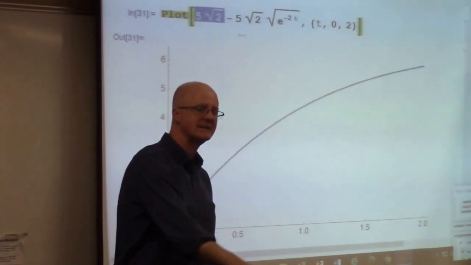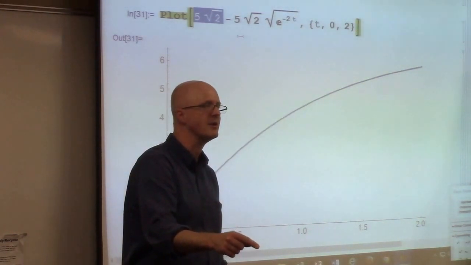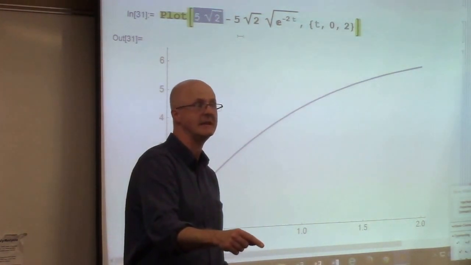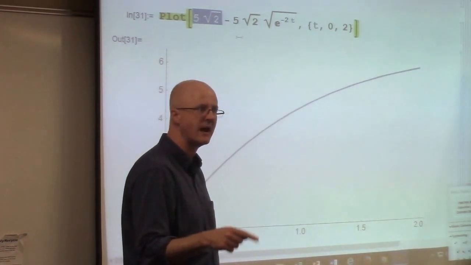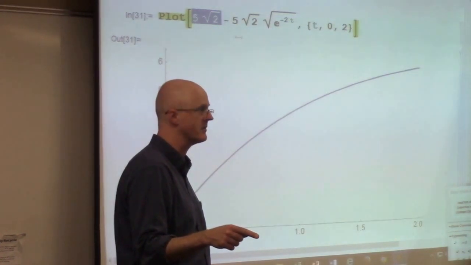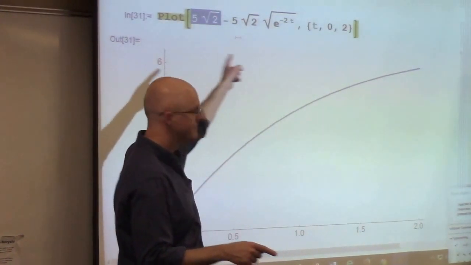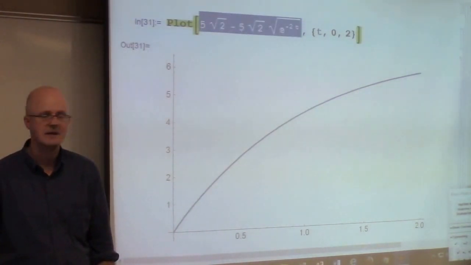The entire distance traveled as you spiral in toward the origin, forever and ever, as t goes to infinity, the entire length of that curve is 5 root 2. It's finite, because that improper integral is going to converge. Because this distance traveled function is going to have a horizontal asymptote equal to 5 root 2.